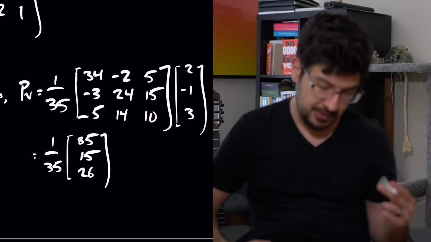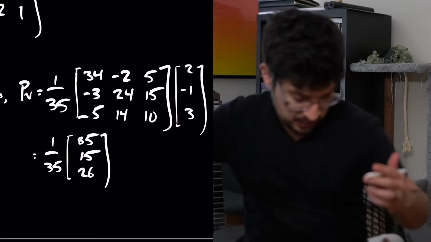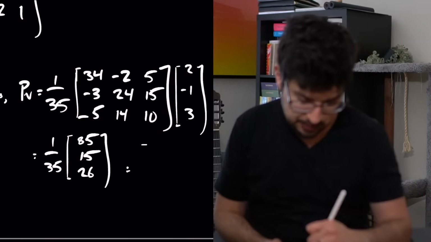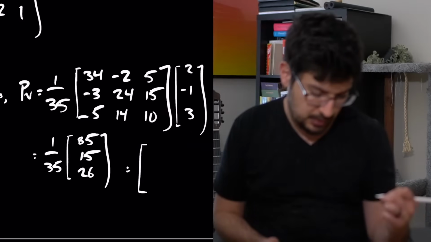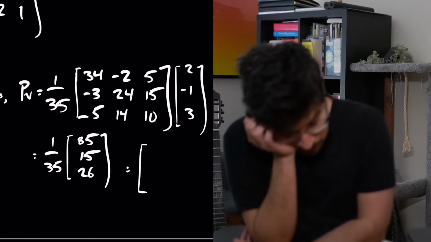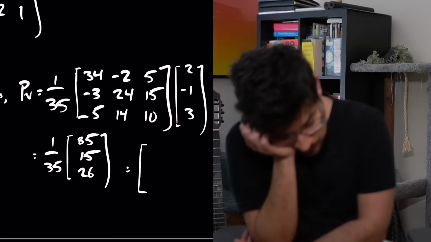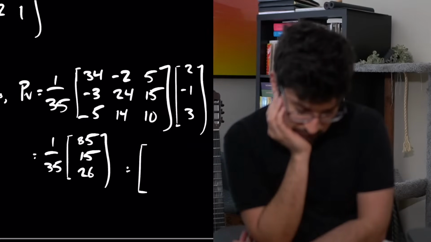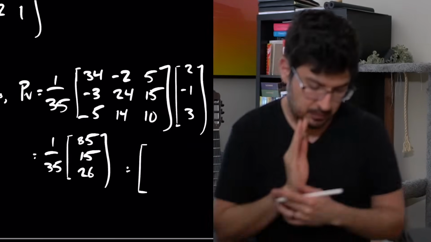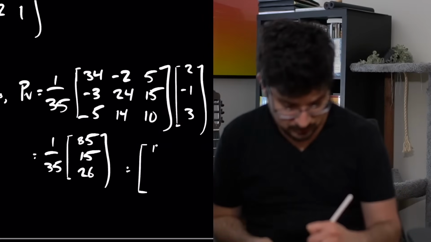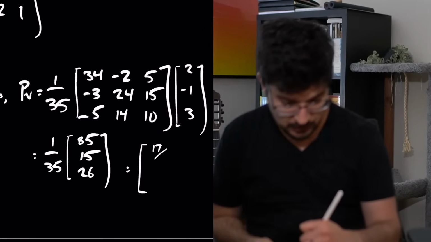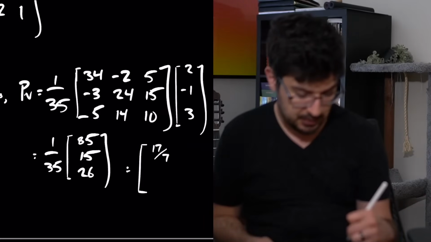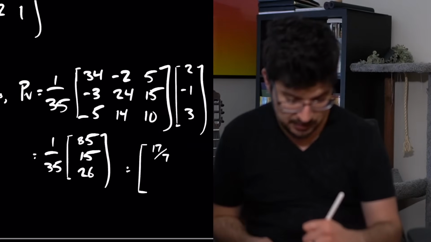We don't have any common divisors across all of those, so let's just leave it factored, or we could distribute. 85 divided by 35 would be 17/7. 15 over 35 would be 3/7.